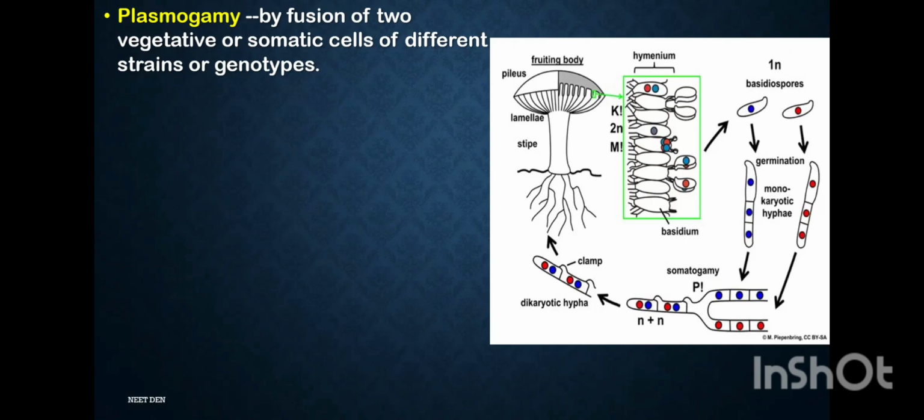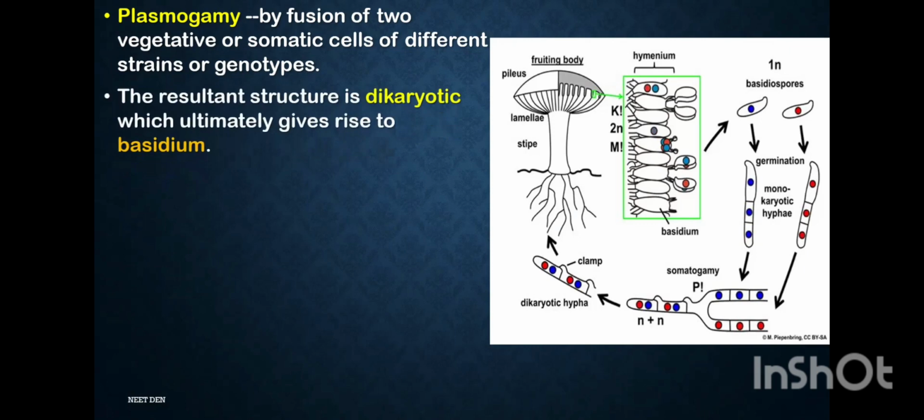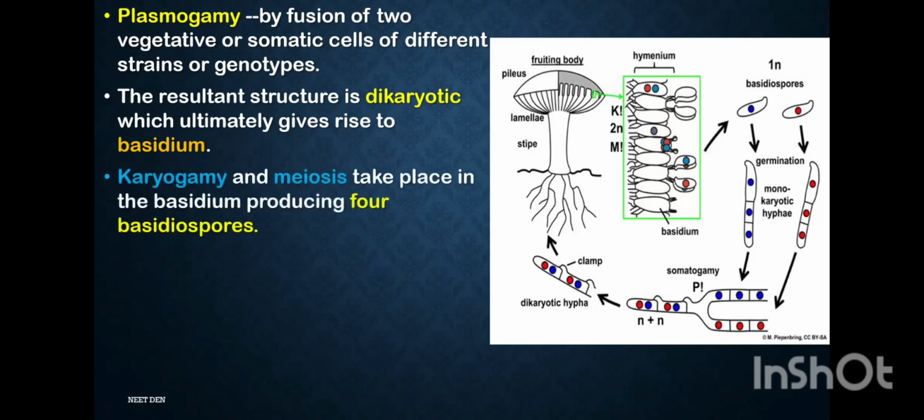We have already seen what is plasmogamy, which ultimately gives rise to the dikaryotic phase, which later produces basidium, and karyogamy and meiosis, which produces 4 basidiospores.